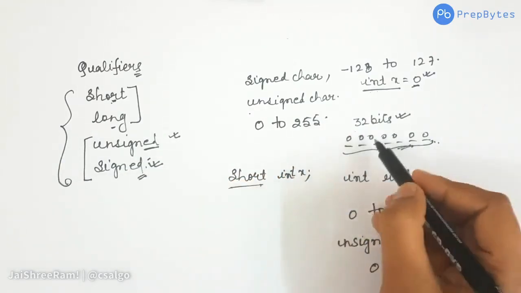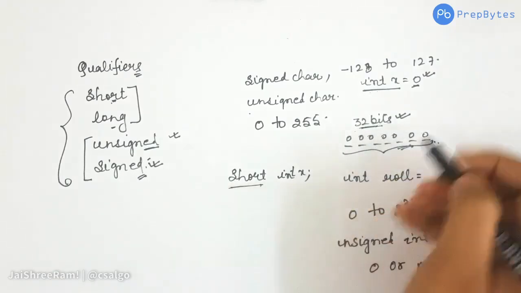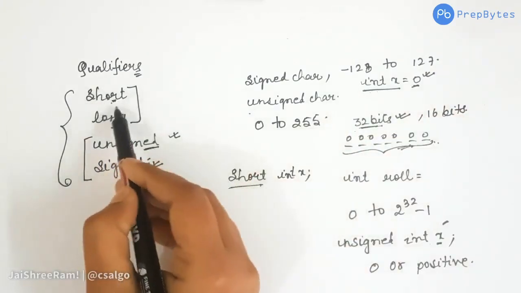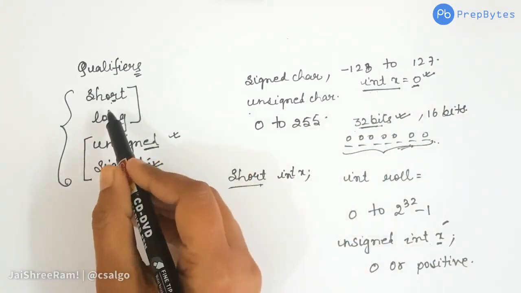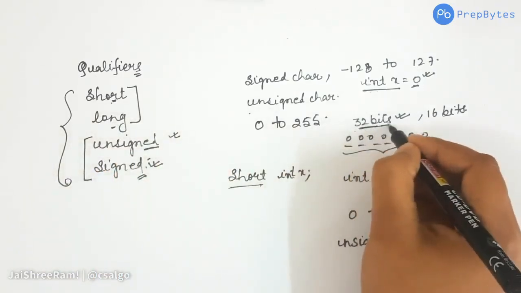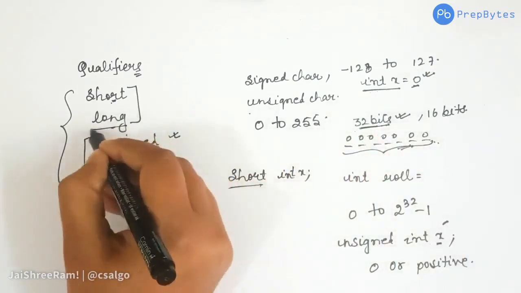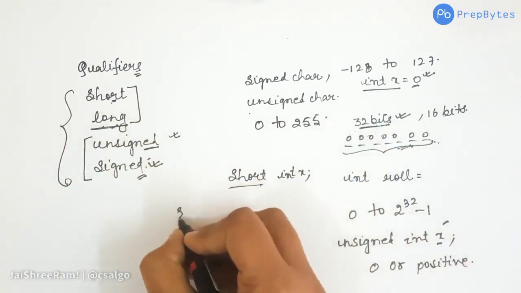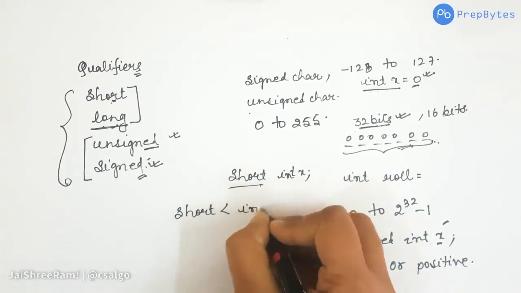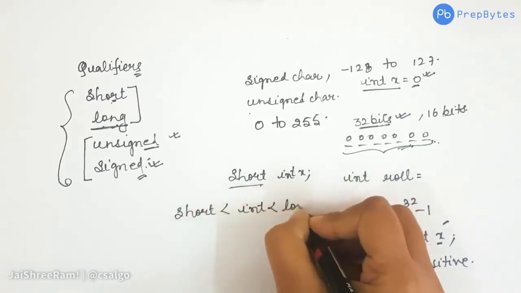So if int is occupying 32 bits, then short will occupy 16 bits. Similarly, if we have to store something for which 32 bits is not enough, then we use long. Generally the size of short is less than the size of int, which is less than the size of long.